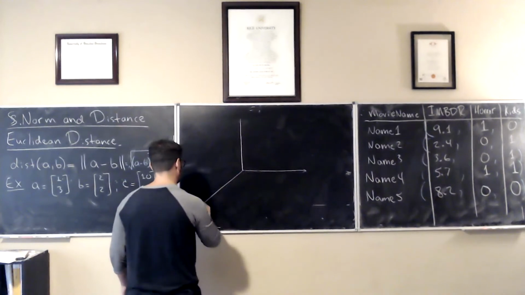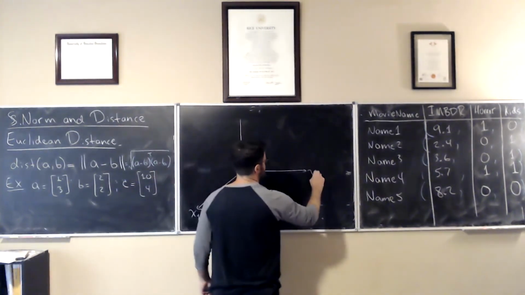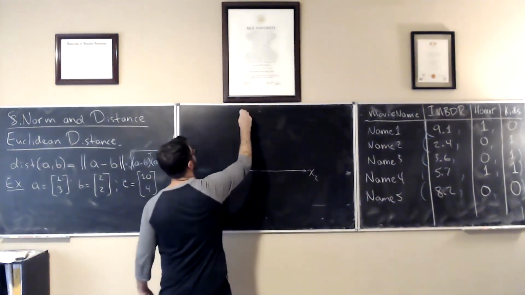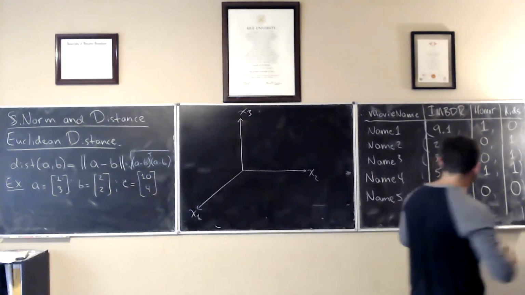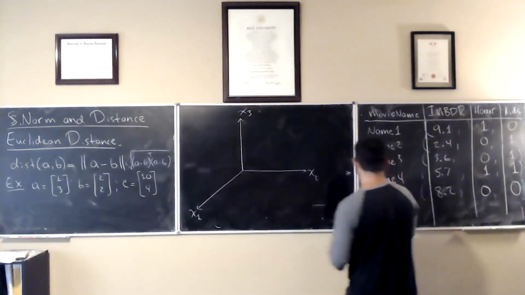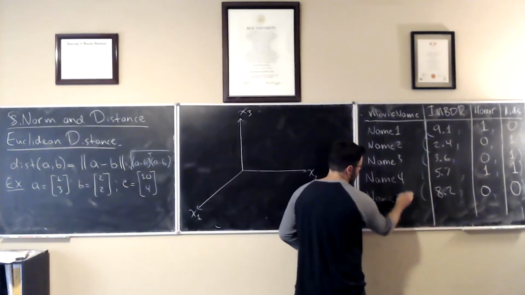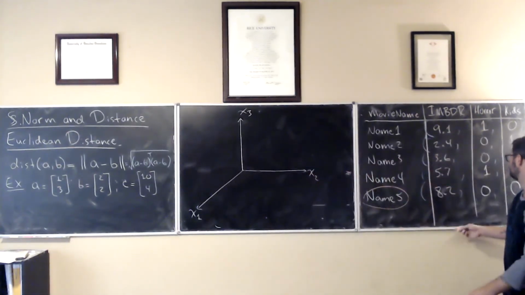So I'll say that this is x1, x2, x3. So hopefully I do this. Okay, so suppose maybe you watched this movie and you liked that movie. So this would be the red movie, and you like this one.